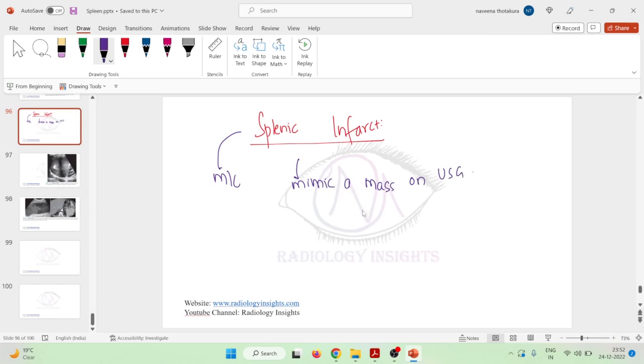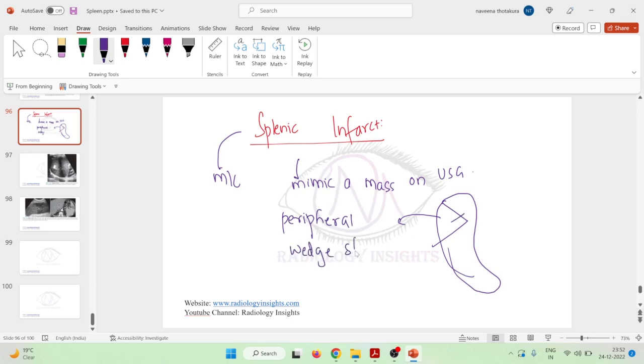If this is the spleen, the typical infarct is most commonly present peripherally, and it is definitely wedge shaped. A wedge-shaped hypoechoic lesion is noted.